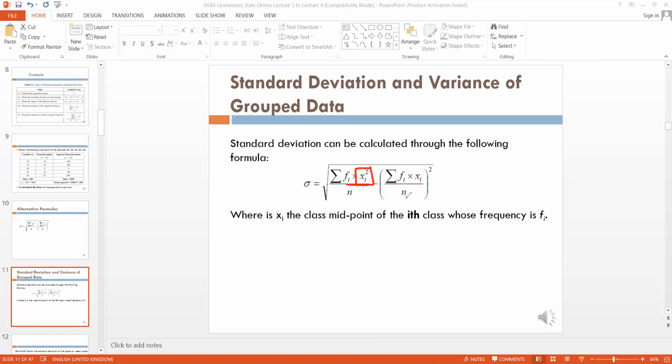Divide by n before you square. So this square affects just this bracket alone. You take note of that.